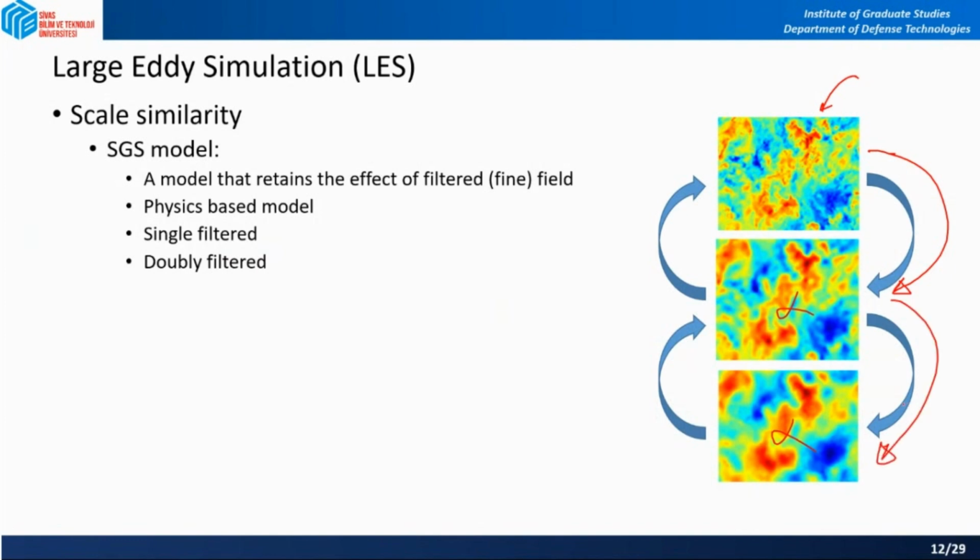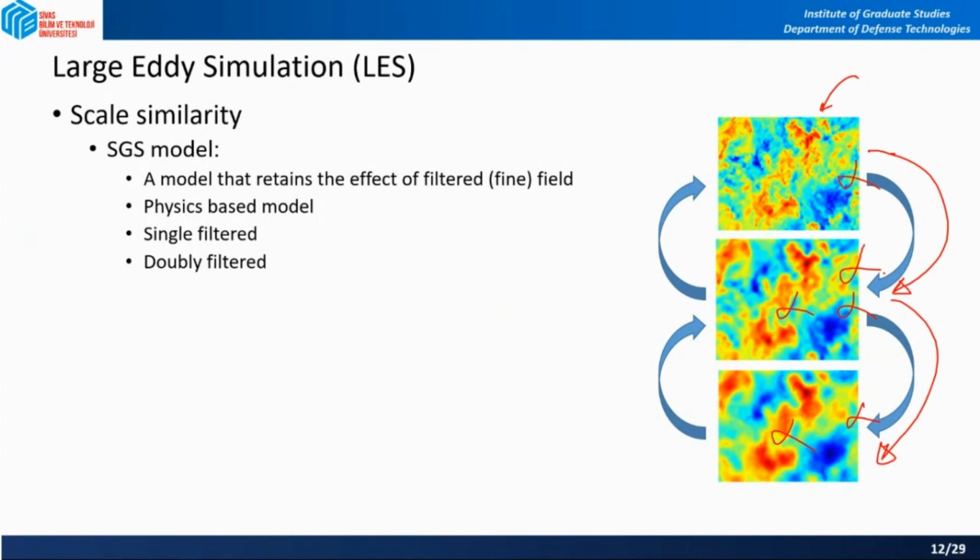In some of the approaches, they say: since I have the difference between the doubly filtered and single filtered fields, I can apply the same difference, or the same model obtained from this difference, to the original field and the single filtered field. So it means between this and this.